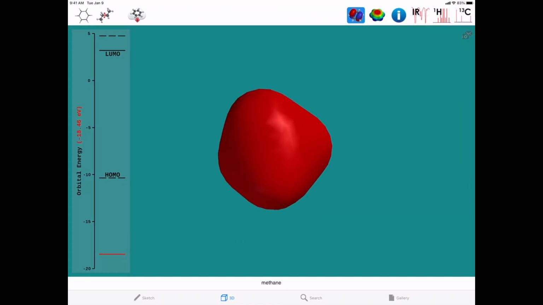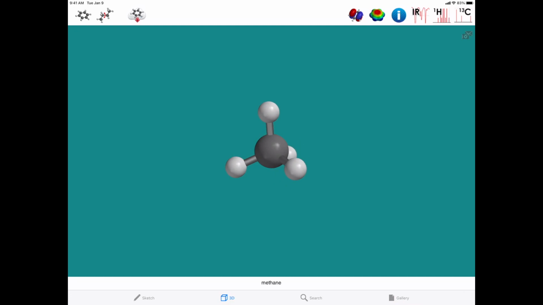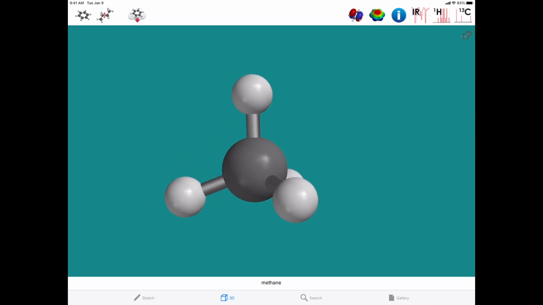If we choose our x, y, and z axes carefully enough, I'm going to try to align this molecule so that the carbon-hydrogen bonds, the one that's going up and the one that's going to your left, are in the plane of the page, and then one of them's coming forward and one of them's coming back.